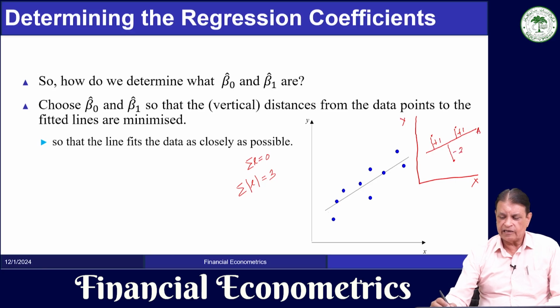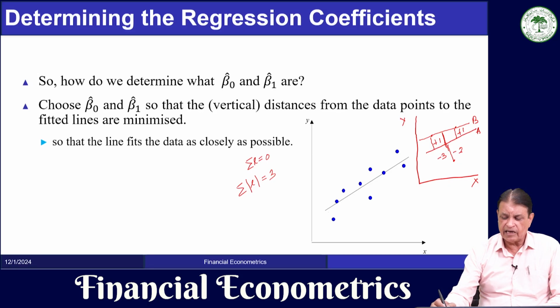If we fit a line passing through these 2 points like this, and we call this line B, these 2 points are now falling on the line, so error with respect to them is 0. There is no deviation, but at this point the error will be now this one, from here to here, minus 3.